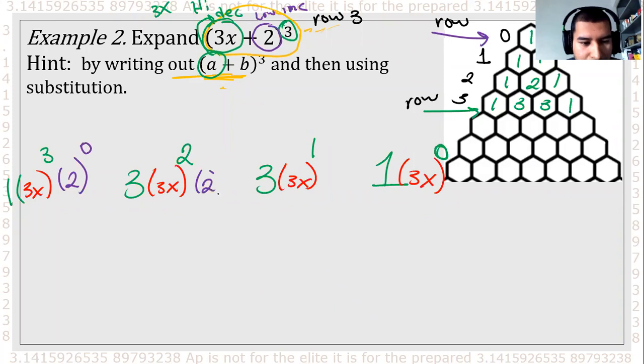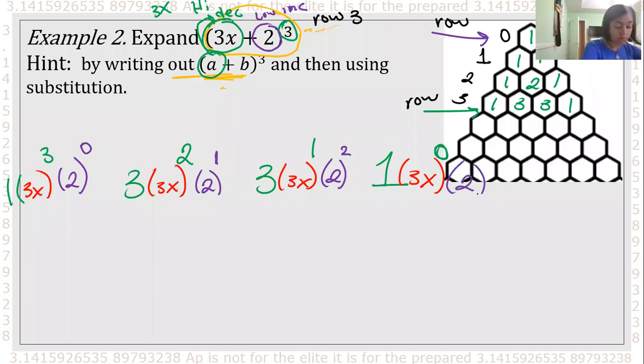I have a 2, and my exponent is going to rise, that's a 1. I have a 2, and my exponent is going to rise, that's a 2. I have a 2, and my exponent is going to rise, that's a 3. And I can check that the exponent switch from this right here is now my high, and this right here is my low. So I can see that it looks like it worked. And we can see that this was addition. So everywhere here, guys, you're going to have addition.